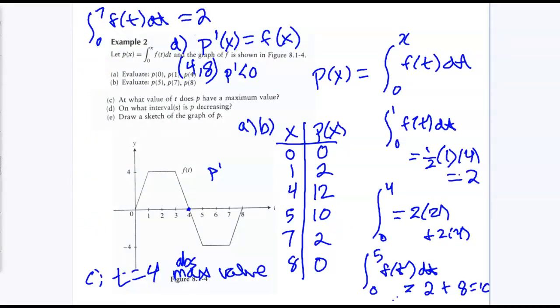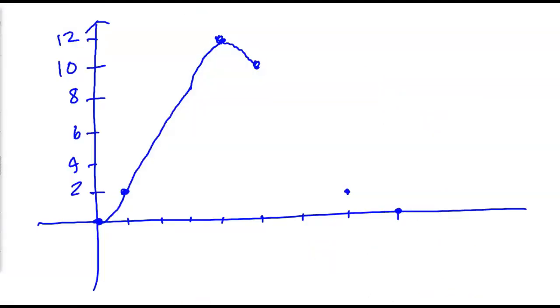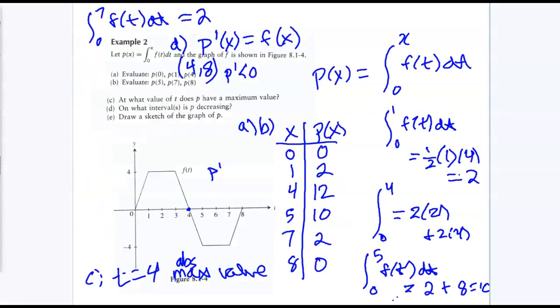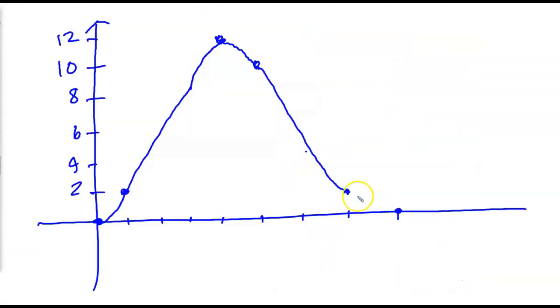And from 5 to 7, it's decreasing at a negative constant rate. And then from 7 to 8, it is decreasing in a concave up fashion. And that's kind of the sketch of my function.